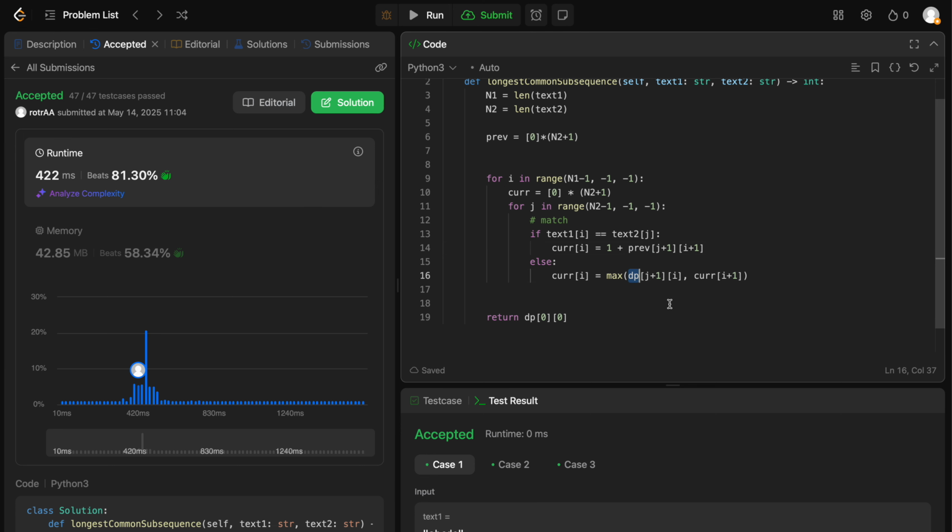So this is previous, this is previous, this is previous. And the last step now is to put previous is equal I for I in current.